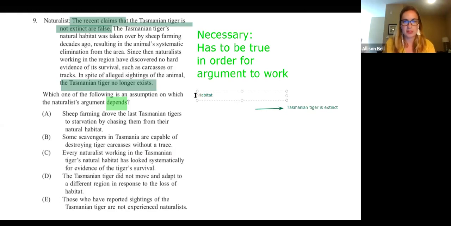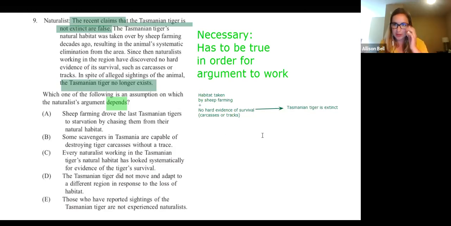So we'll say habitat taken by sheep farming and no hard evidence of survival, like carcasses or tracks. Great.